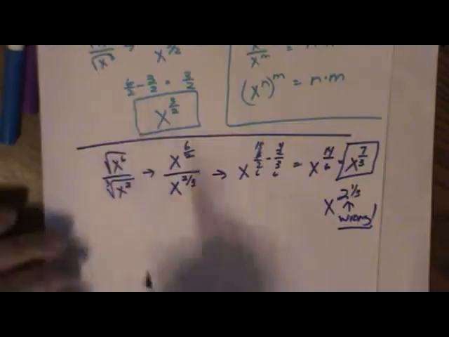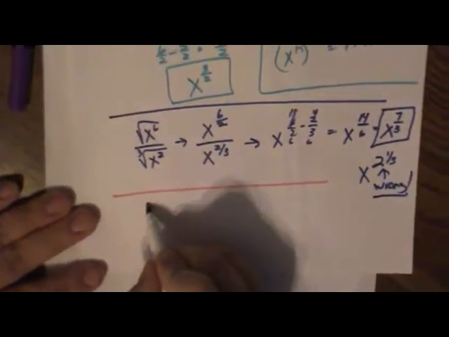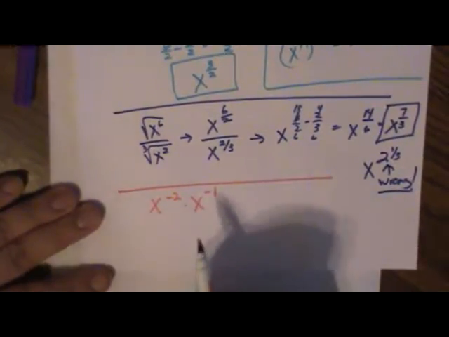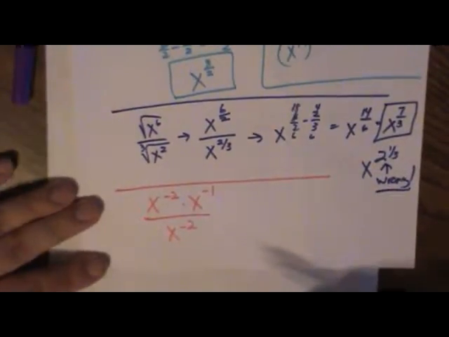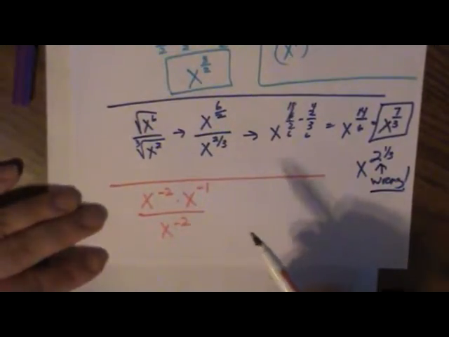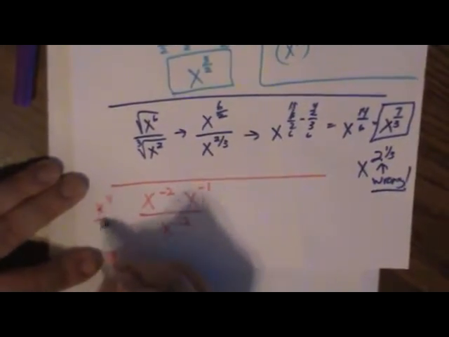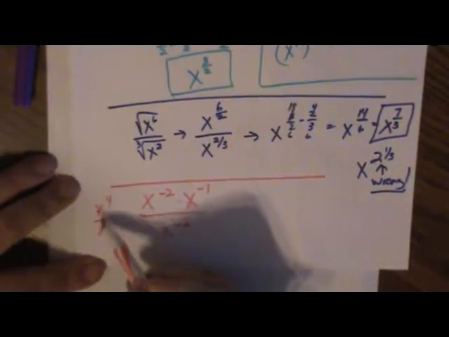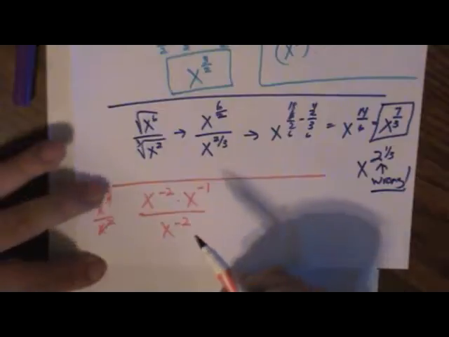Now we have another problem: x to the negative 2 times x to the negative 1 over x to the negative 2. Just like when we were reducing problems before, like x to the 4th over x to the 2nd, since the bases are the same, we could reduce them, which would leave 2 on top.